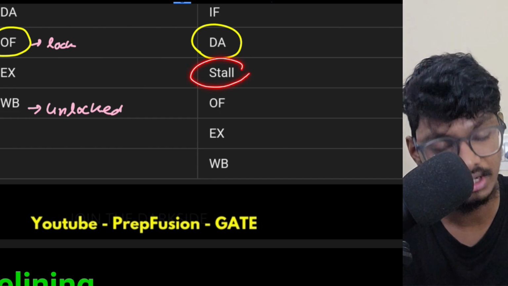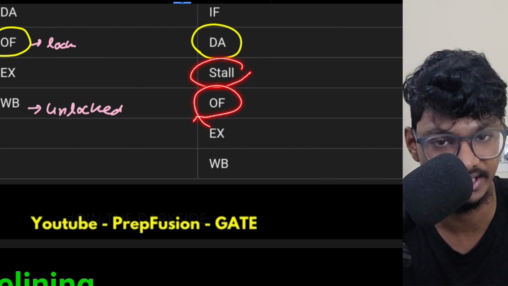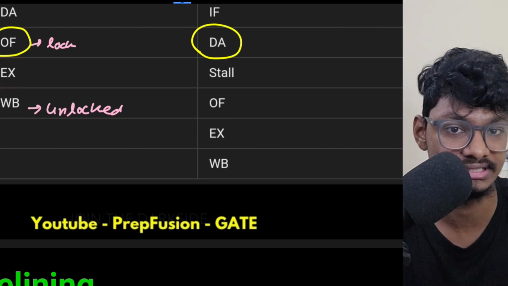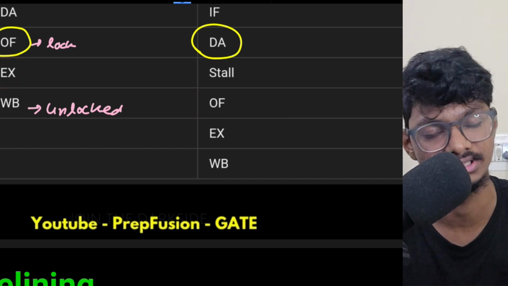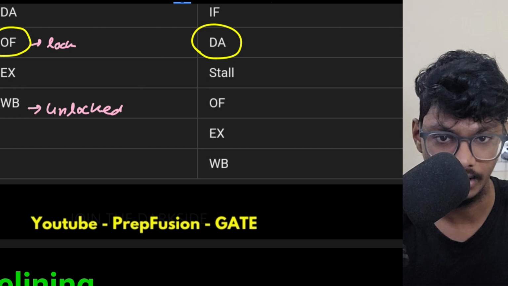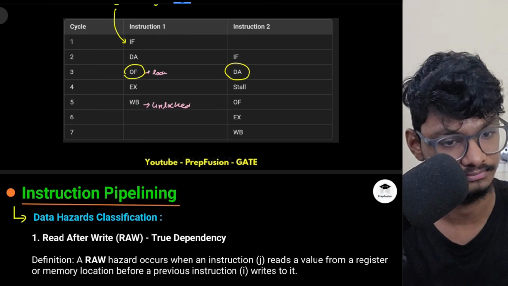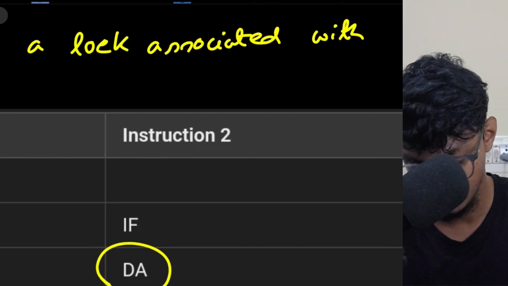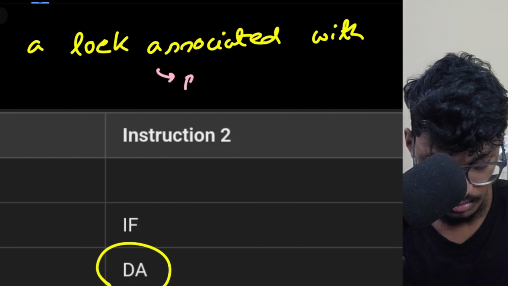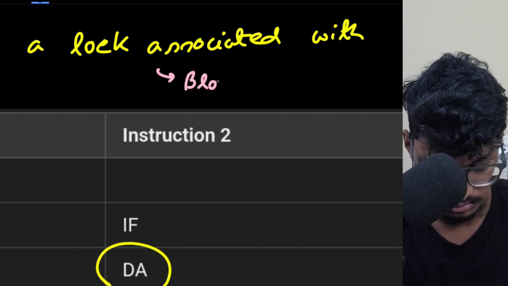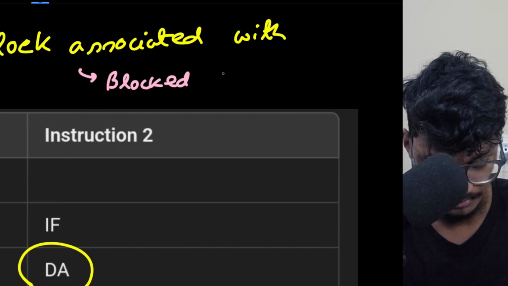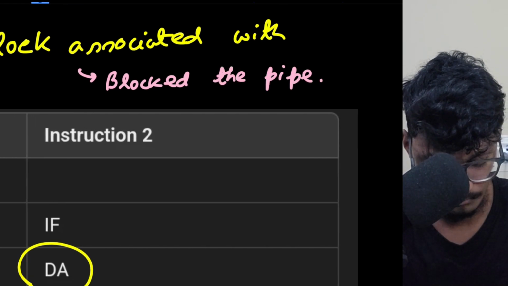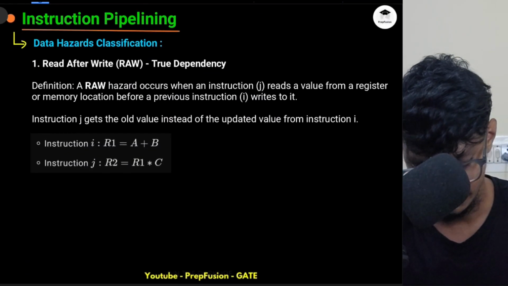If I have provided only one stall cycle and I'm doing operand fetch here, my assumption is that in the execution phase itself the data has been written to the register. That is my assumption. I can be wrong as well; it depends on the question. Also, you can understand with this analogy that we have blocked the pipe. The pipe is currently blocked.